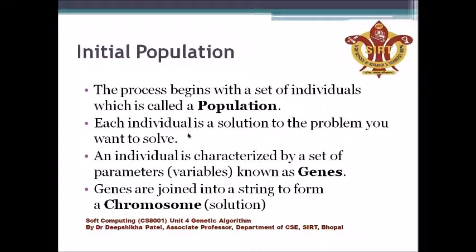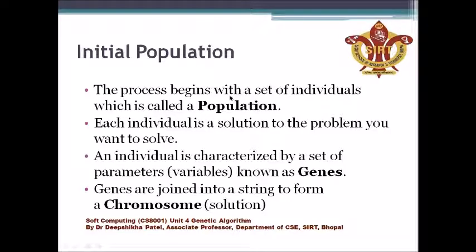First of all, initial population. The process begins with a set of individuals which is called a population. As we have already discussed, a population is a set of solutions which we are initially considering.